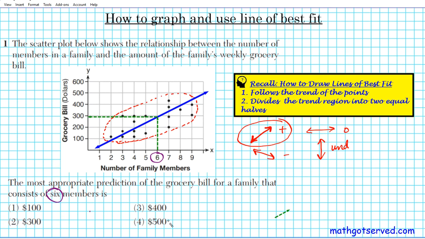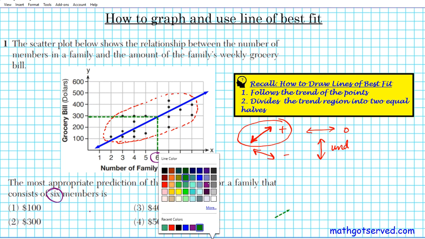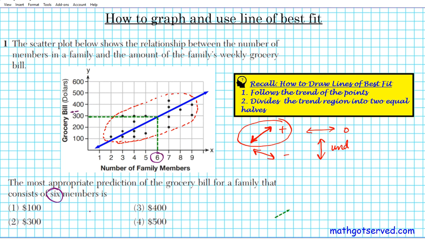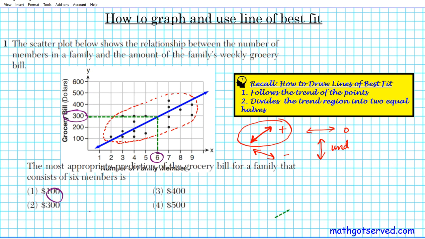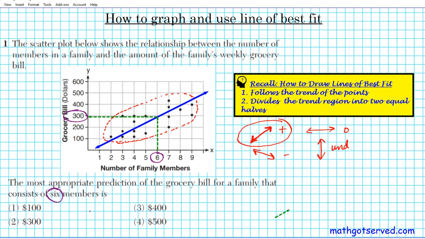We can clearly see that the output value is somewhere close to 300. So this tells us that for a family that consists of 6 members, their grocery bill will be around $300. All right, so that's what it's going to be.